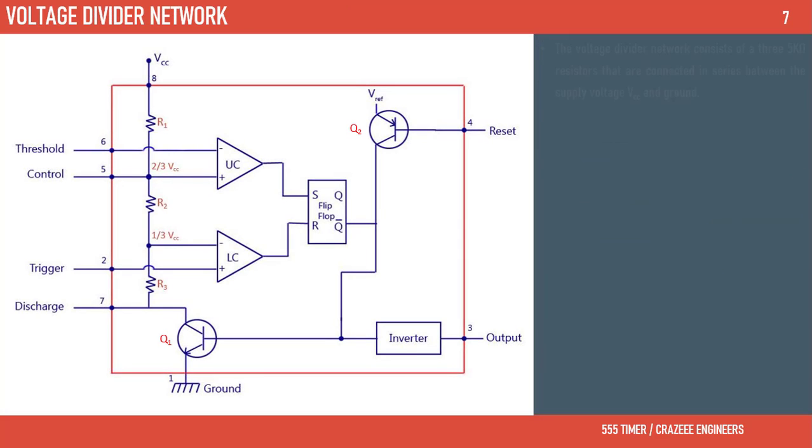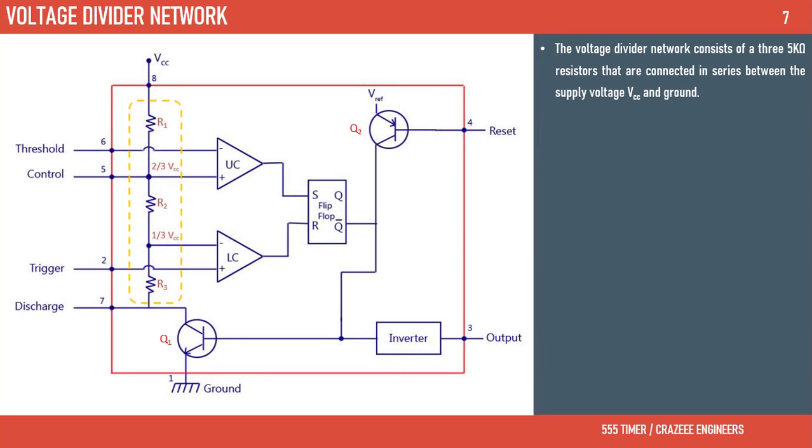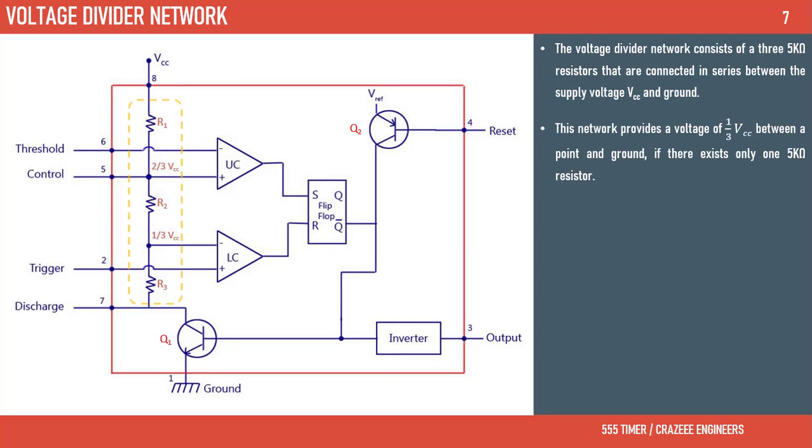Voltage divider network. The voltage divider network consists of three 5 kilo ohm resistors that are connected in series between the supply voltage, VCC and ground. This network provides a voltage of 1/3 VCC between a point and ground, if there exists only one 5 kilo ohm resistor.